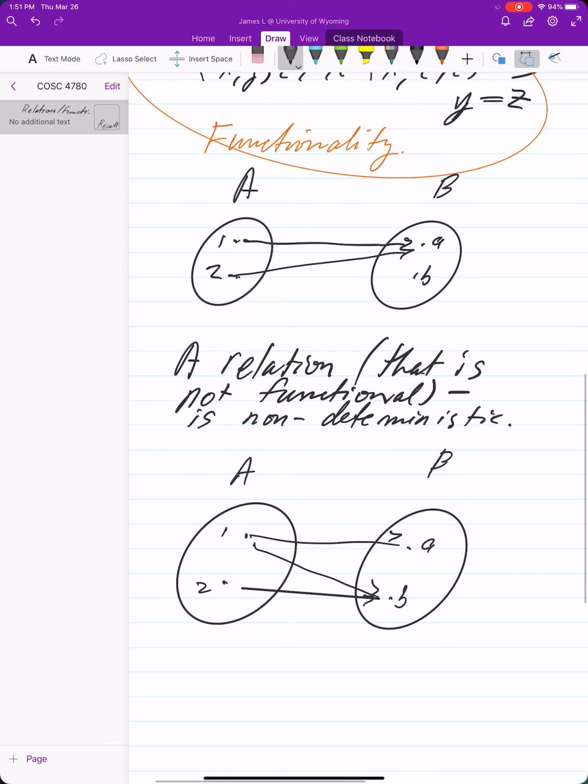And the non-determinism is that if you think of this as a state, it means that you can go to the state over here, which is A, or the state over here, which is B. So you can transfer to different states.